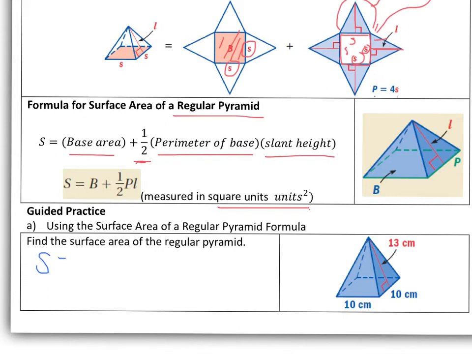Surface area equals base area, 10 by 10. So we could do 10 squared plus half. The perimeter would just be 4 times one of its sides, 10, and multiply by the slant height of 13.